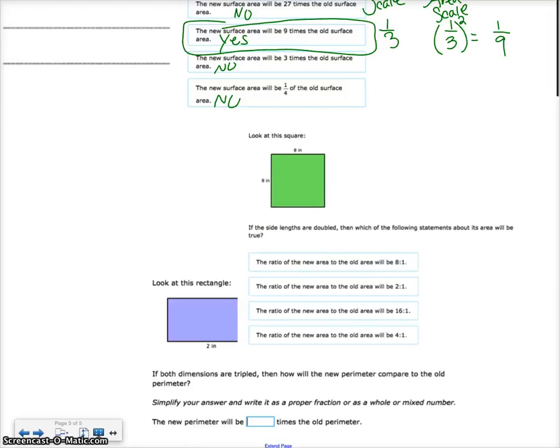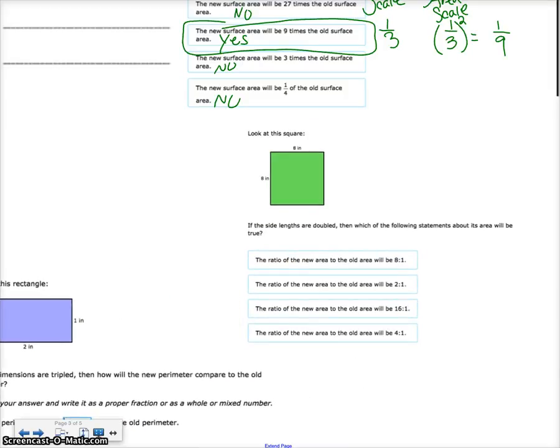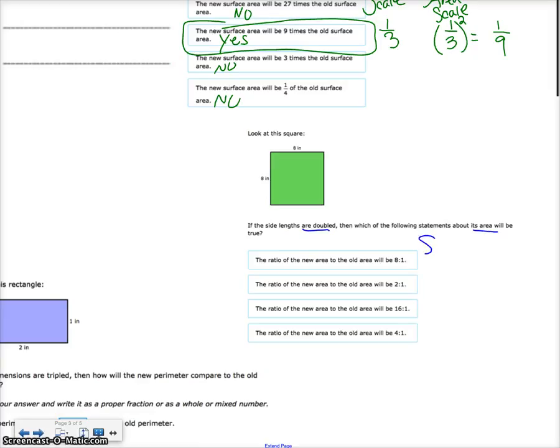Okay, next one. If the side lengths are doubled, then which of the following statements about its area is true? So I have double and area. So my scale factor is 1 to 2 because I doubled it. And I'm talking about area. Area is a square dimension, so I need to square my scale factor, and that would be 1/4.